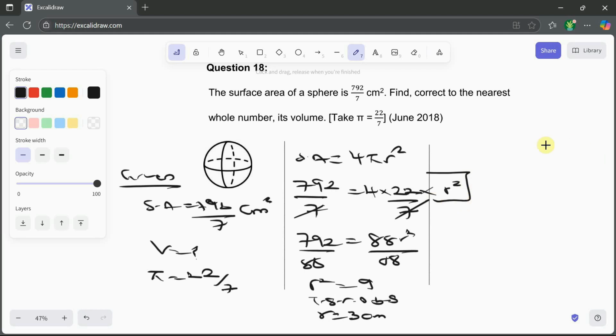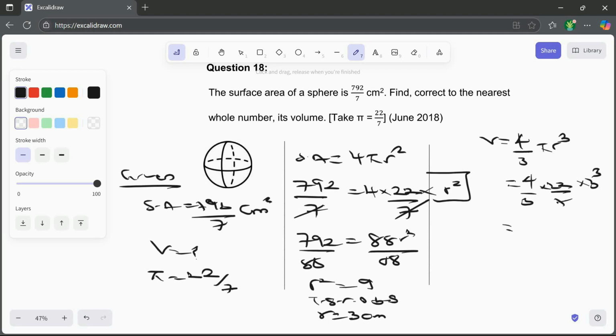So given that our volume for a sphere is 4/3 pi r cubed, this is 4/3 times 22/7 times 3 cubed. So this is 4 times 22 times 3 cubed, which is 27, divided by 21.